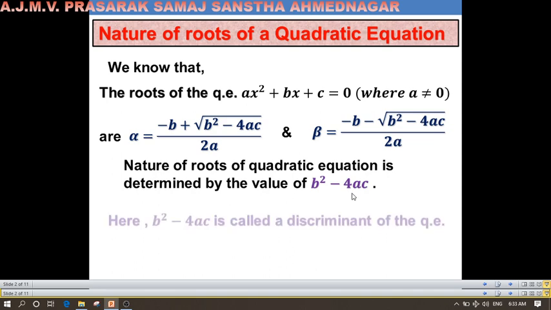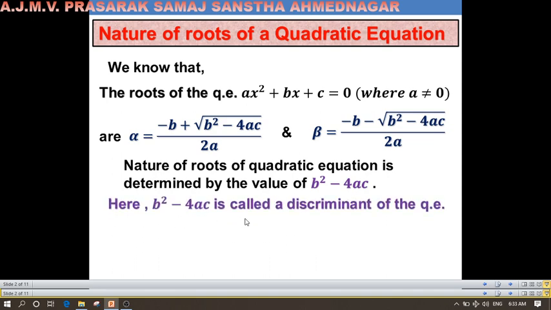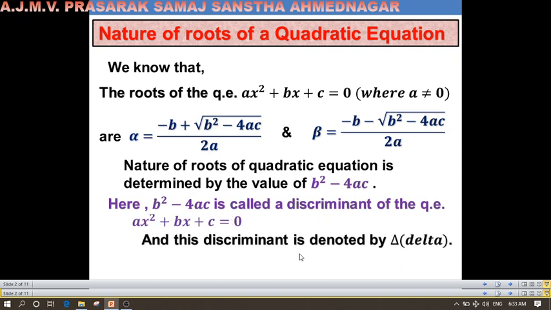So this b square minus 4ac is called a discriminant of the quadratic equation, and this discriminant is denoted by a Greek letter delta. Thus delta is equal to b square minus 4ac. So to obtain the nature, you have to find the value of b square minus 4ac.